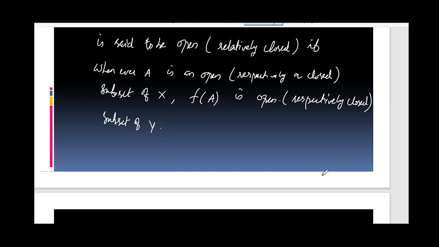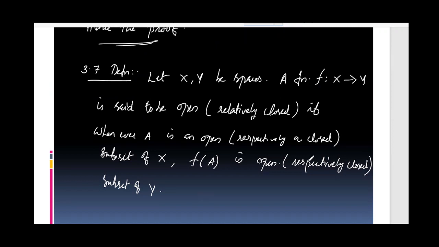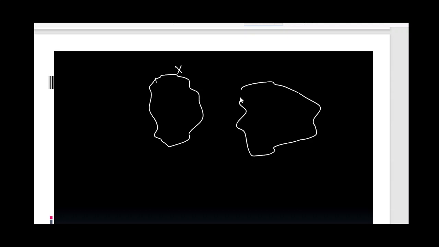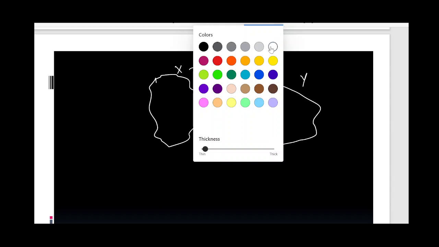So it says when we will say that a map or a function is an open map or a closed map. We have two topological spaces here, X and Y. Now from X to Y I have a function f. So when will I say this function f is open, that's our question.